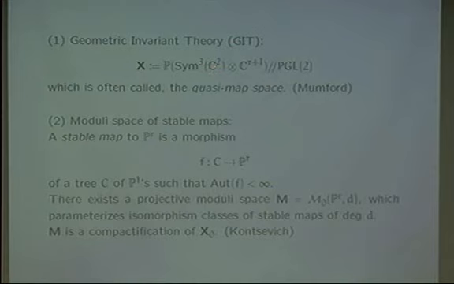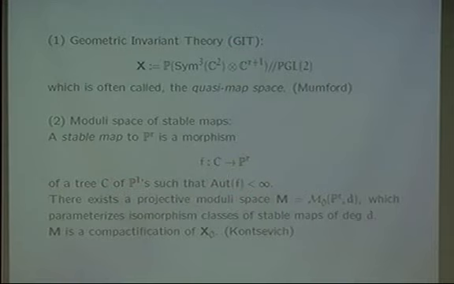Okay, this is one compactification, and another compactification is Kontsevich's moduli space of stable maps. A stable map to projective space is a morphism from a connected tree of spheres, and it should be a holomorphic map, and the automorphism group is finite.